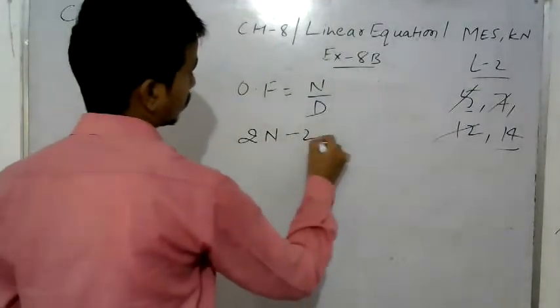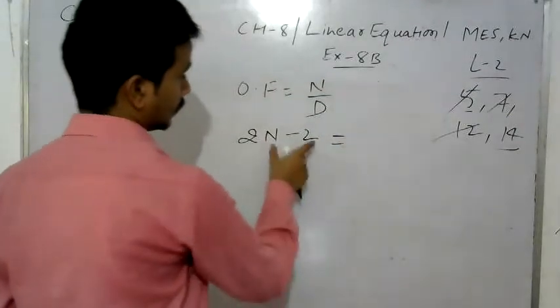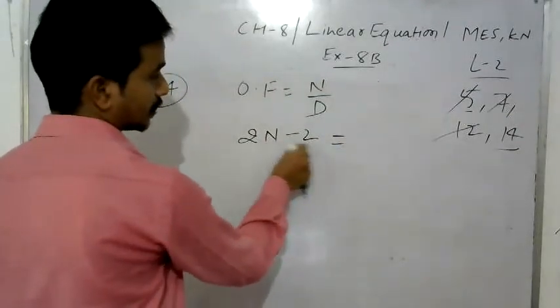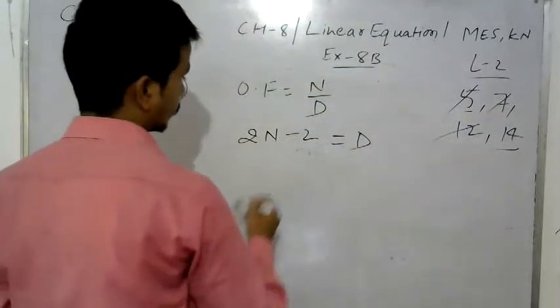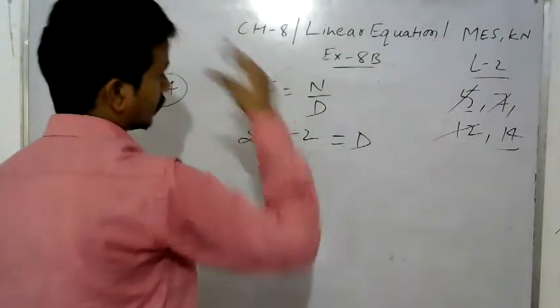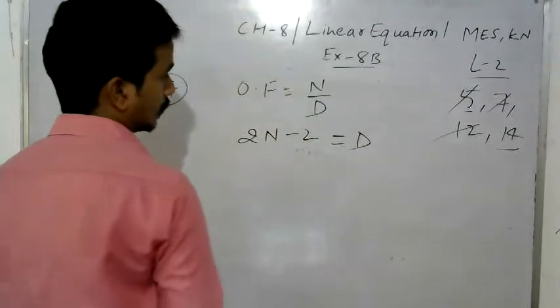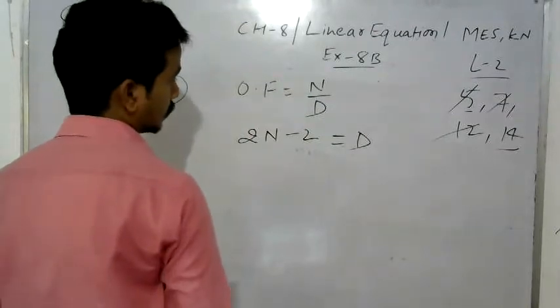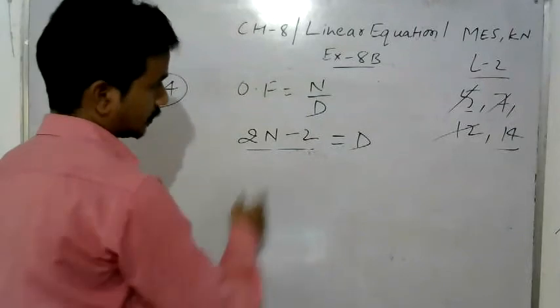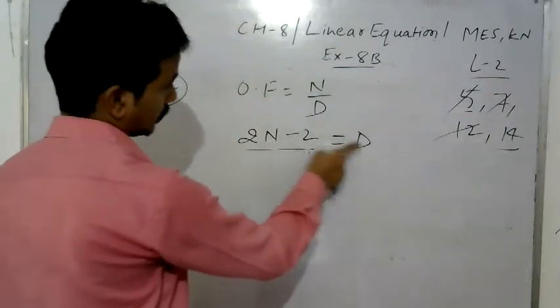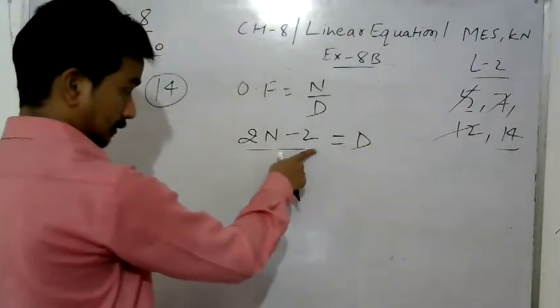It means if we double the numerator and subtract 2 from it, we will get the denominator.